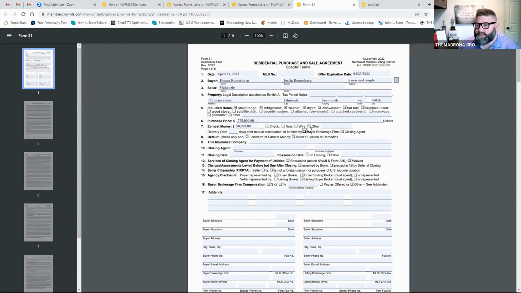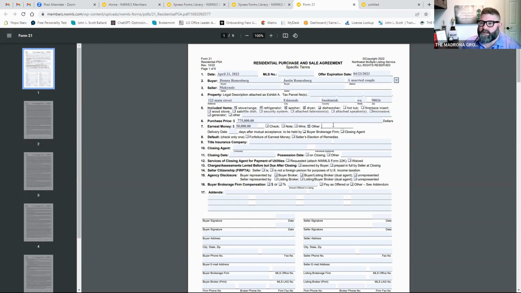I know there are a lot of rules around handling it, so I've stepped out of it, because when I do not handle the earnest money, I don't need to get a Form 89. I have the clients immediately connected with escrow, and they can make arrangements. I always check "other" and put check or wire, so they have the option, because oftentimes they don't know how they want to do it.